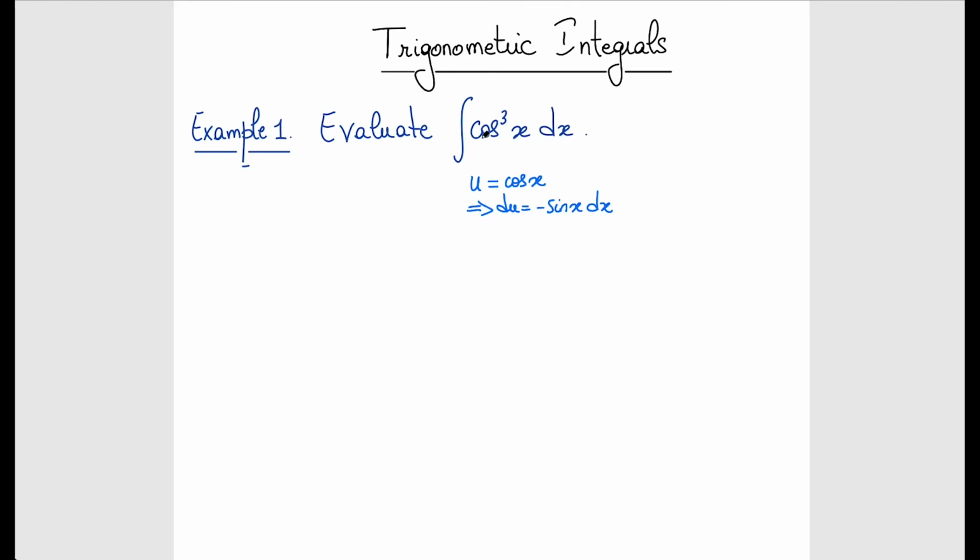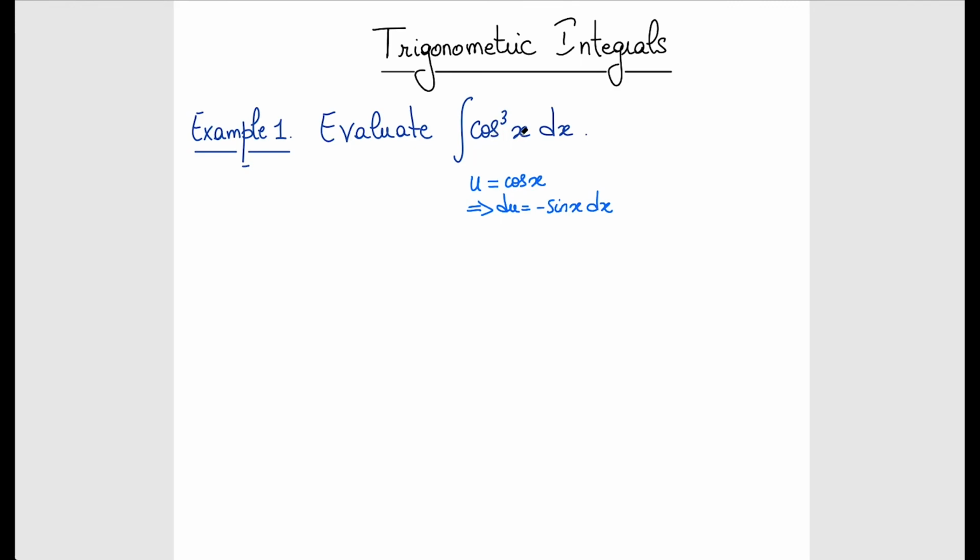We don't have the sine, so this might not be helpful in order to integrate the power of cosine. We would like to actually have an extra factor of sine to be able to integrate.